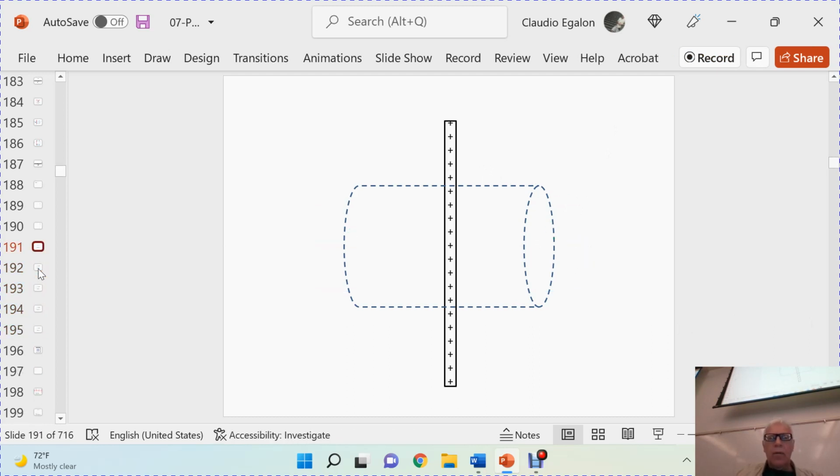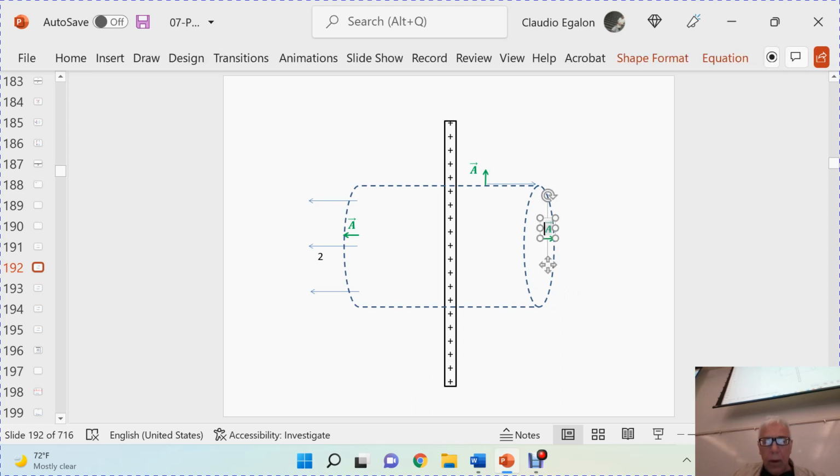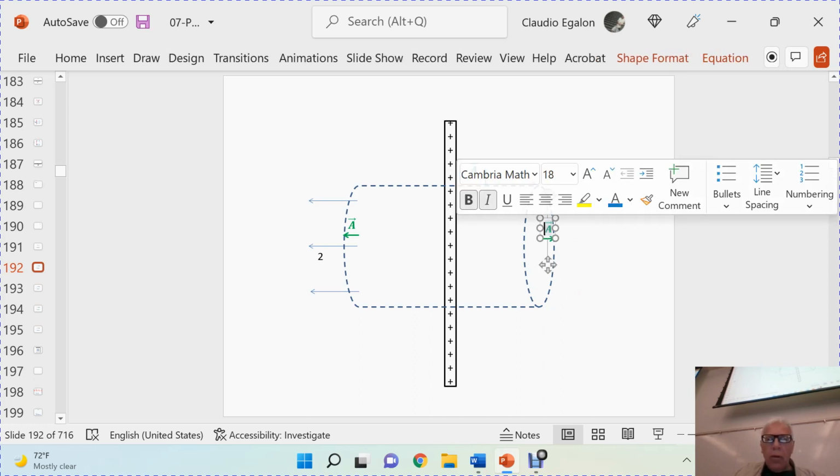Here you go, cylindrical surface, and come up with the area vectors.